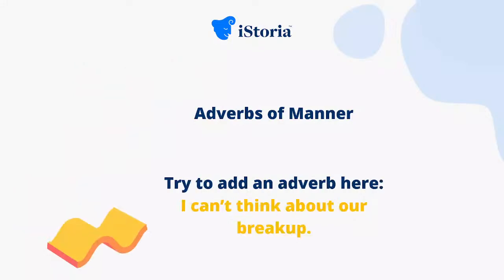The sentence is, I can't think about our breakup. So what could be the best adverb of manner to add in this context? Try to send your answers here in the chat before we proceed. It's going to be the first practice in this episode. I hope I'll get as many answers as I imagined.